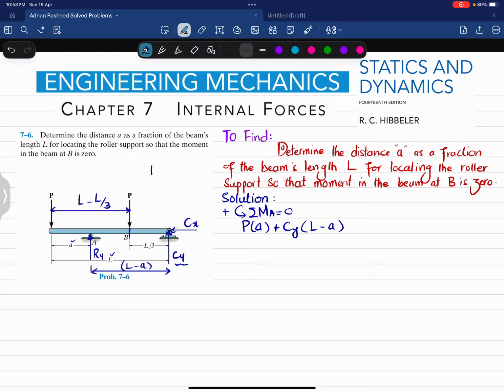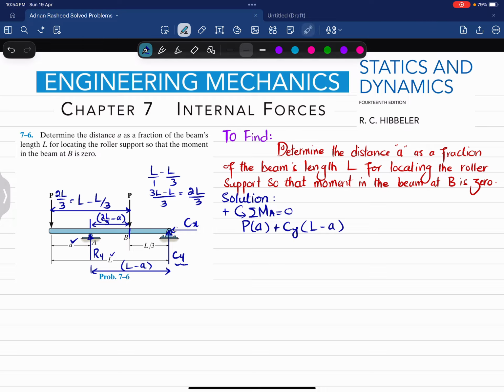If you take the LCM, this will be 3L minus L, which is 2L by 3. So if you subtract A from this, the distance will be 2L by 3 minus A.